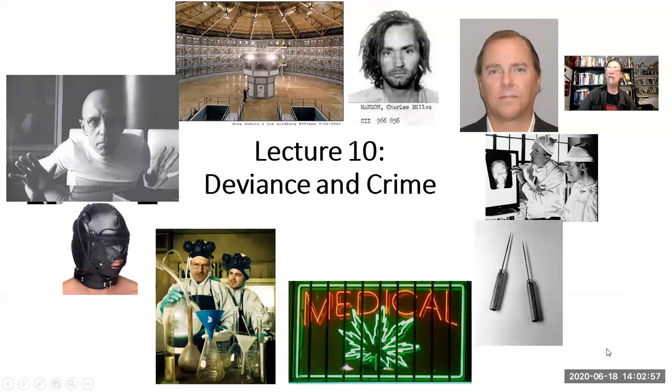Okay, as I mentioned, not everything that's a crime in one country is a crime in another, and the borderline between deviance and crime, and in fact the borderline between deviant behavior and just regular behavior, varies over time. Here is an example: this indicates this place sells marijuana for medical purposes.